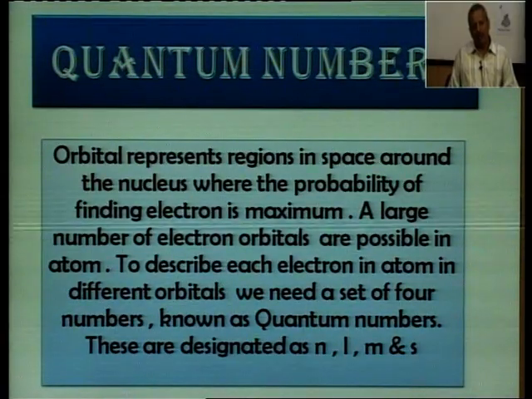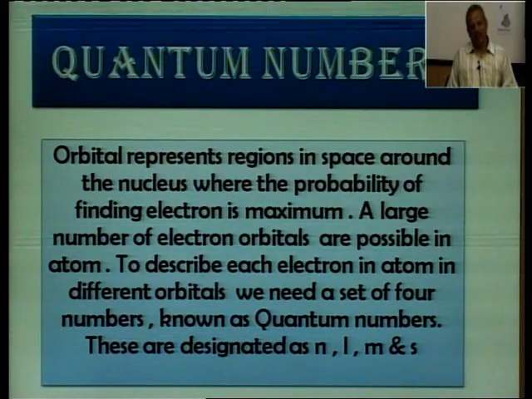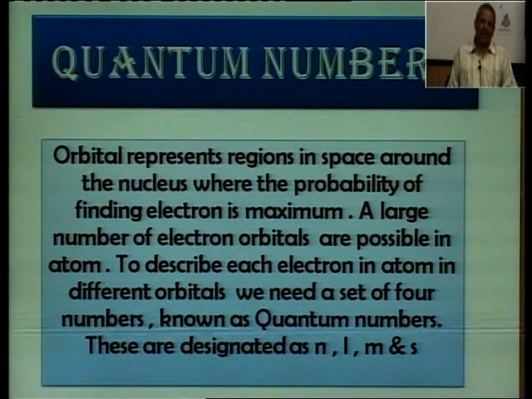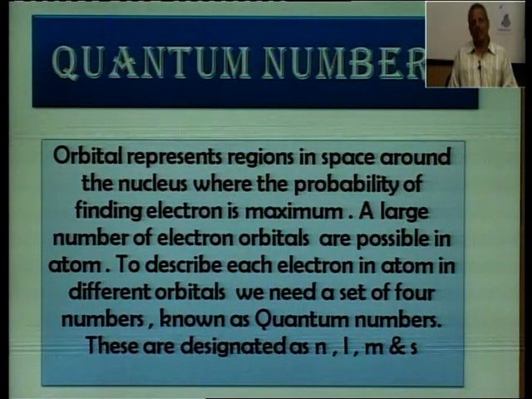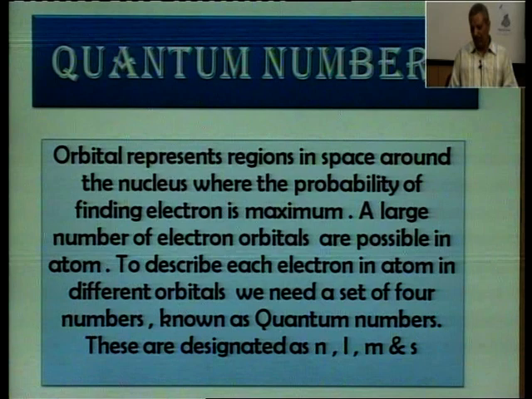These 4 quantum numbers explain the exact location and energy of each electron in an atom. n designates the principal quantum number, l the azimuthal quantum number, m the magnetic quantum number and s the spin quantum number.